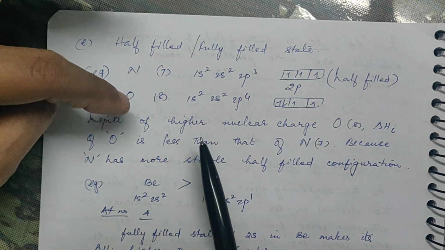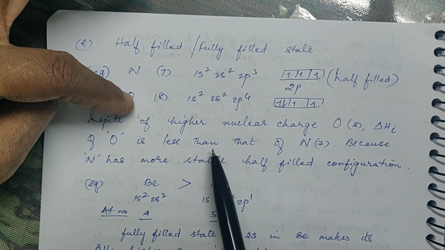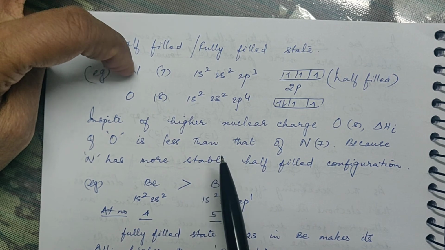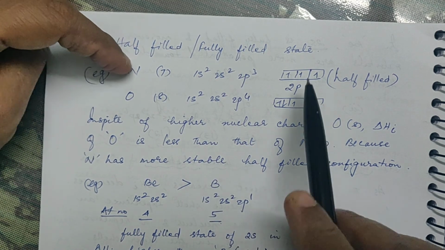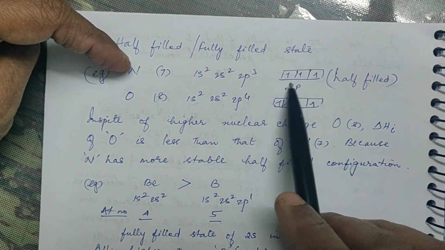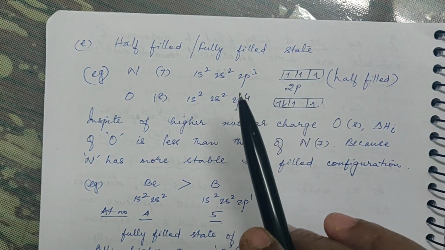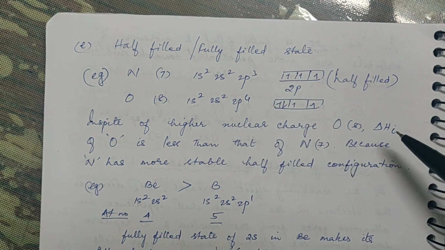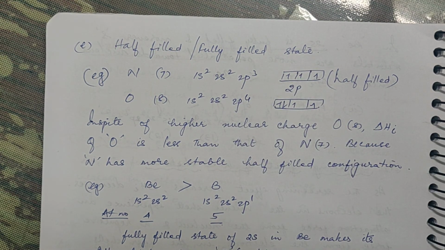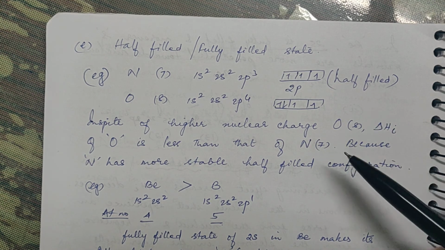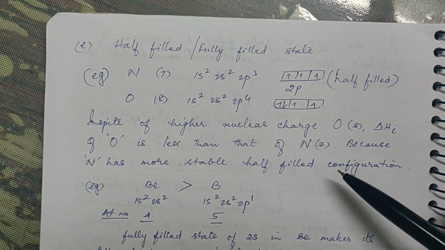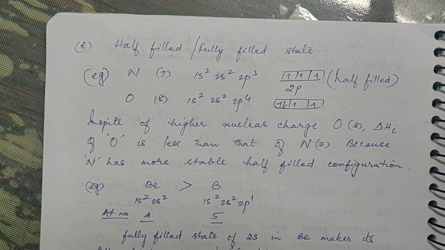So in spite of higher nuclear charge on oxygen, nitrogen has higher ionization enthalpy because of the stable, more symmetrical, half-filled electronic configuration. So the ionization energy of nitrogen is greater than that of oxygen.